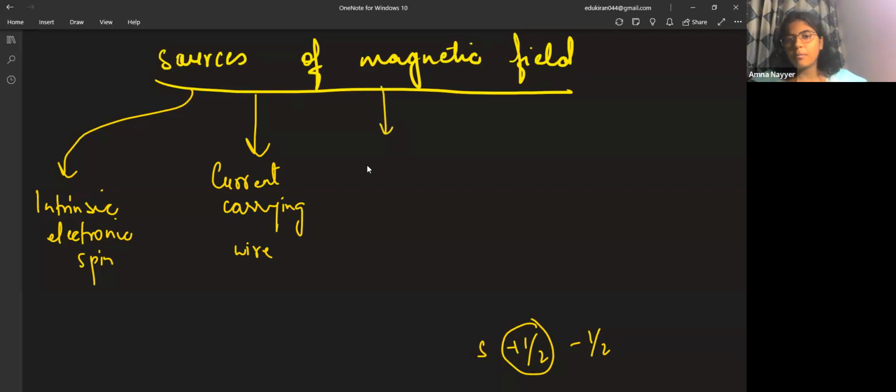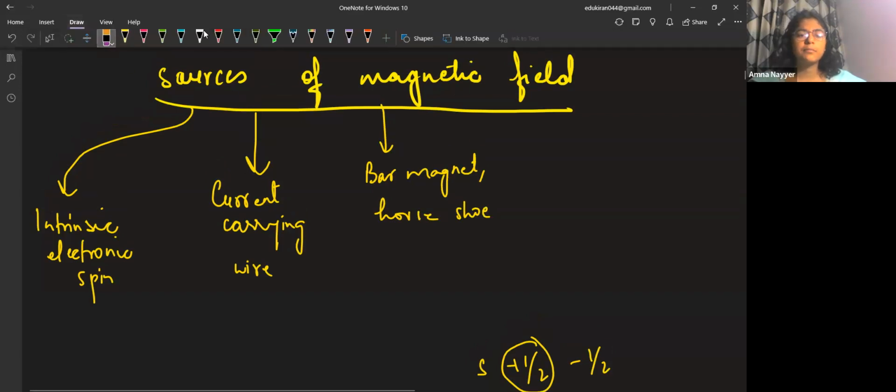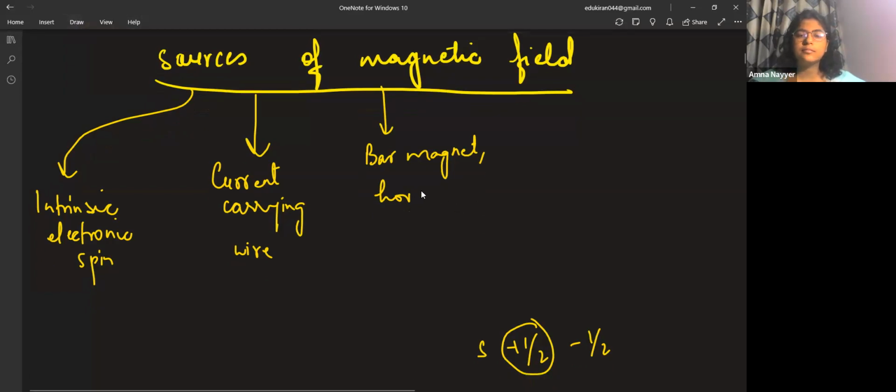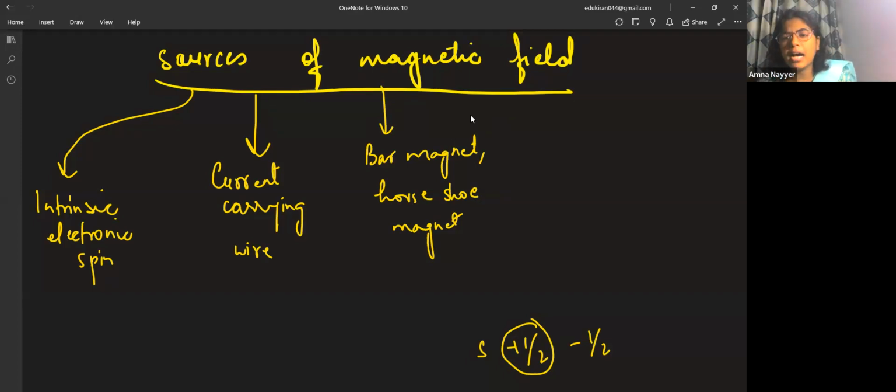Then you have proper magnets. The bar magnet is there. Different types of magnets are there, like horseshoe magnets. These are very common magnets. A bar magnet is like this, with the North Pole and South Pole marked.